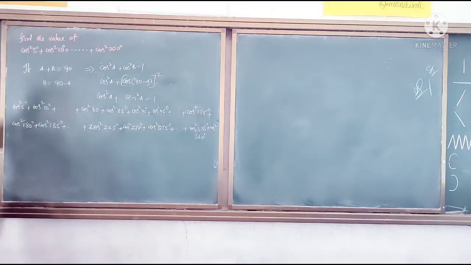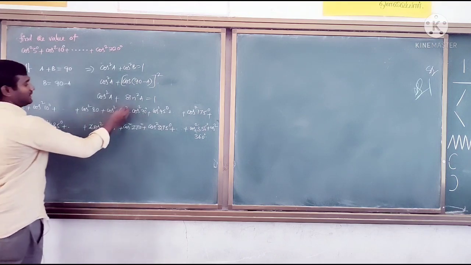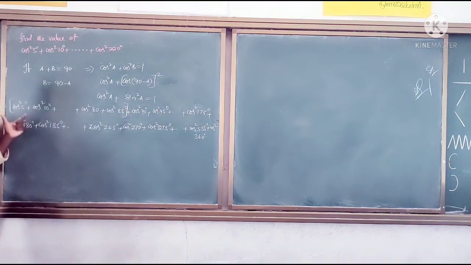First take cos square 5 to cos square 85 and simplify it.